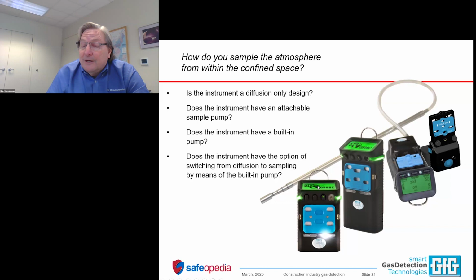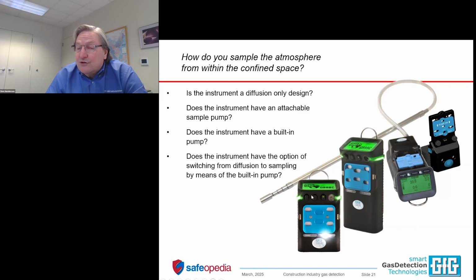If you do not have a pump, you are going to have to lower the instrument all the way down. Typically, instruments will have a peak hold mode, so you can put them into peak hold, lower them down, bring them back up, and check to see what the most significant reading is, and then reset the instrument to go back to measuring and showing you readings for current conditions where the instrument is located.